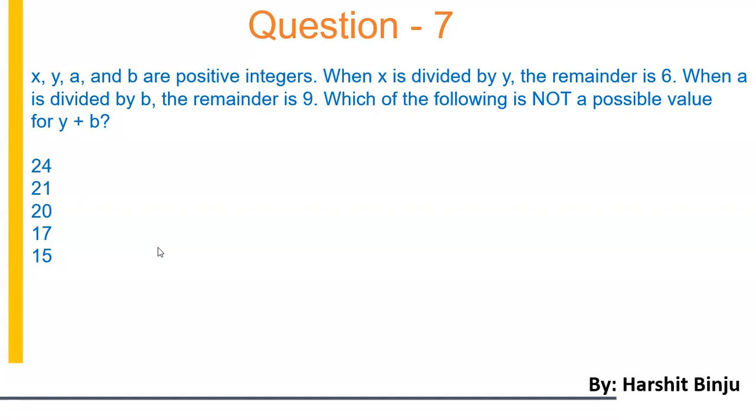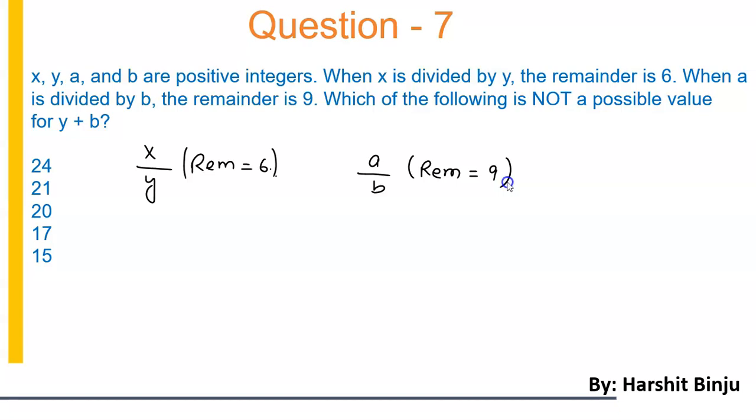When x is divided by y, the remainder is 6. When a is divided by b, the remainder is 9. Which of the following values is not possible for y plus b?